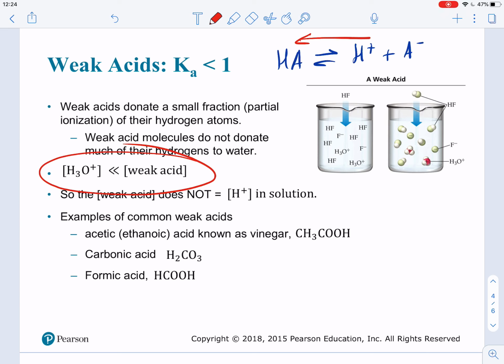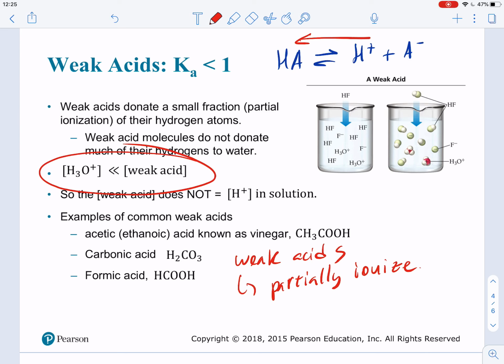Okay, so this goes for weak acids. And for weak acids, the concept is they partially ionize. So some of the original acid is still present once the equilibrium is established.